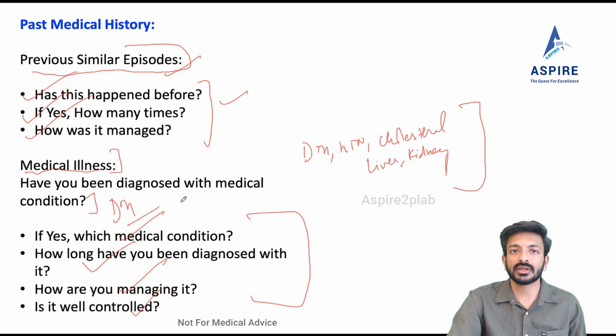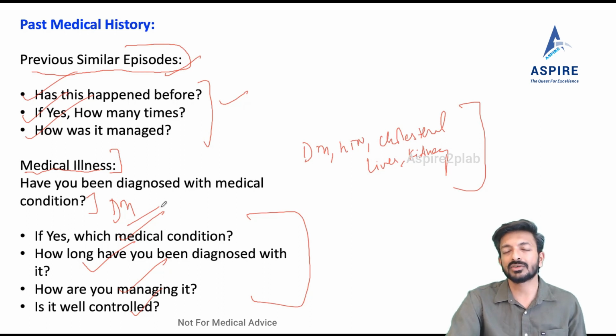Right, so this is what we are going to do, but make sure it is always an open question, because some of the time we see candidates ask the question this way: have you ever been diagnosed with any medical condition like diabetes? See, you are opening the question and at the same time closing it. In one sentence, when you say, have you ever been diagnosed with any medical condition? No, doctor. Now it's your time to ask about the medical condition you're looking for, like diabetes or high blood pressure, liver or kidney or any other problem.